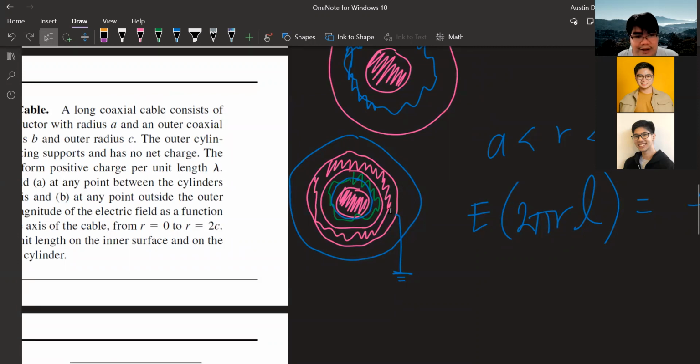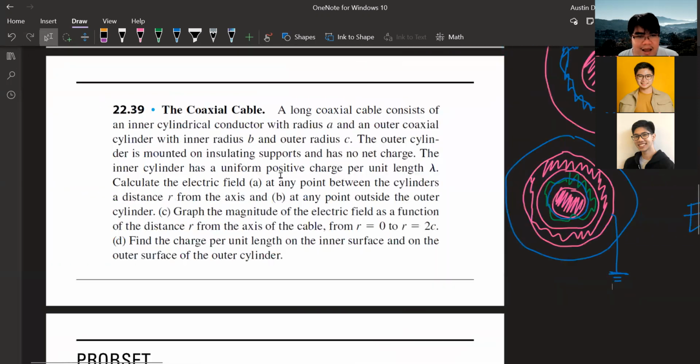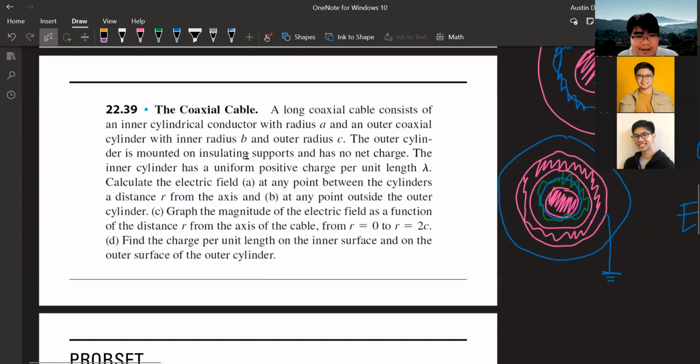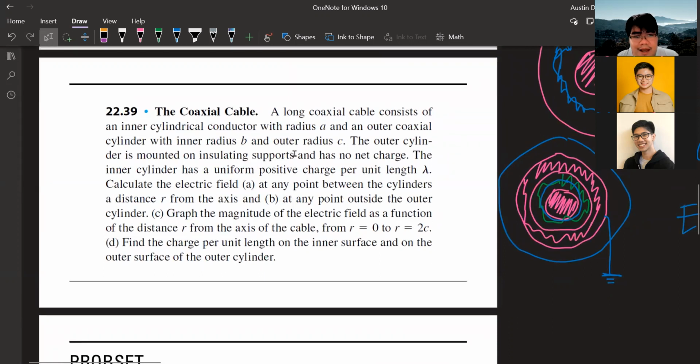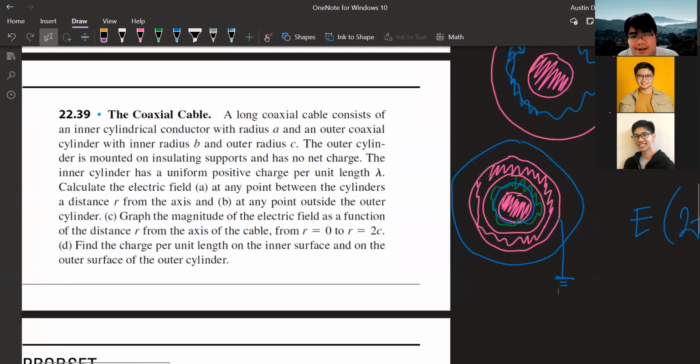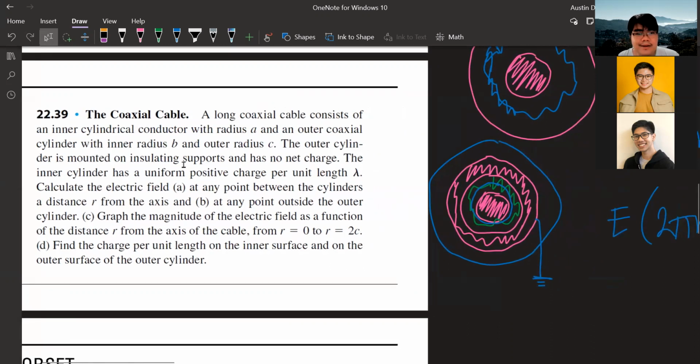And we don't want that. Okay? They said mounted on insulating supports so that the charges reside only on the outer cylinder.